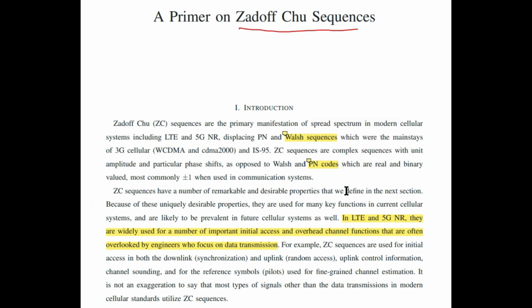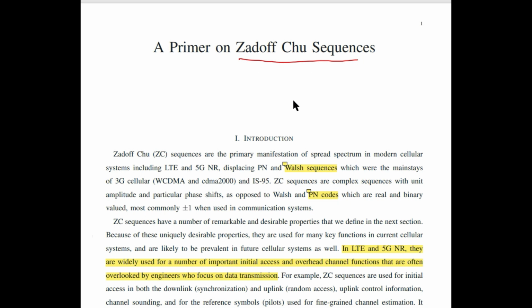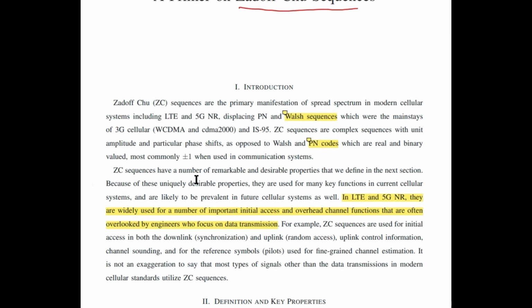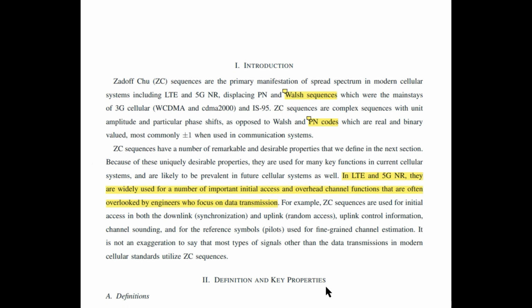Okay, and the ZC sequence, simply the Zadoff-Chu sequence, we can write as ZC sequence. The ZC sequence has a number of numerical and desirable properties that will be defined in the next section. Basically, in LTE and 5G NR, they are widely used for a number of important initial access and overhead channel functions that are often overlooked by engineers who focus on data transmission.